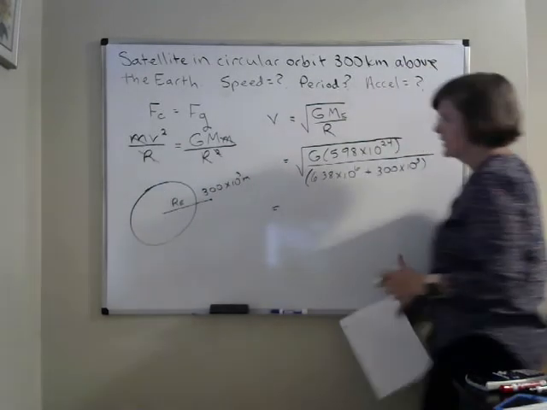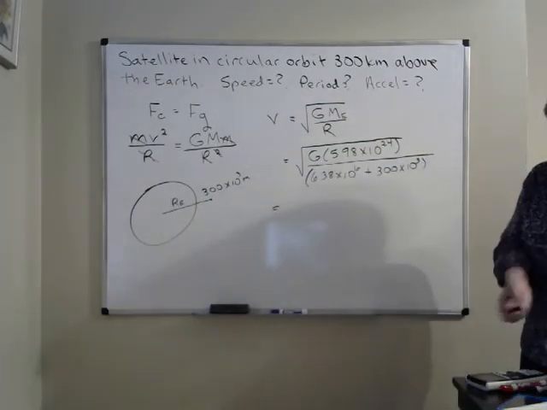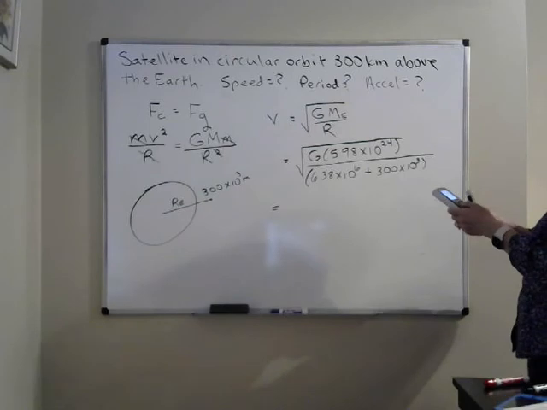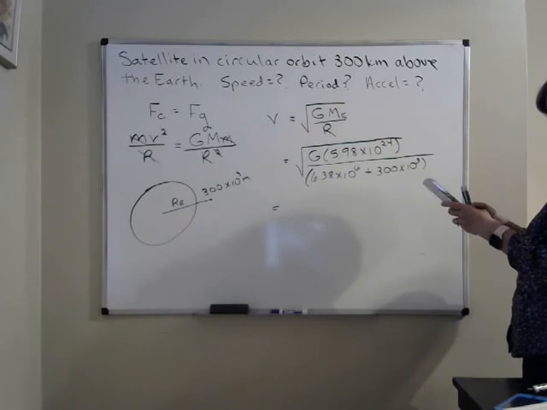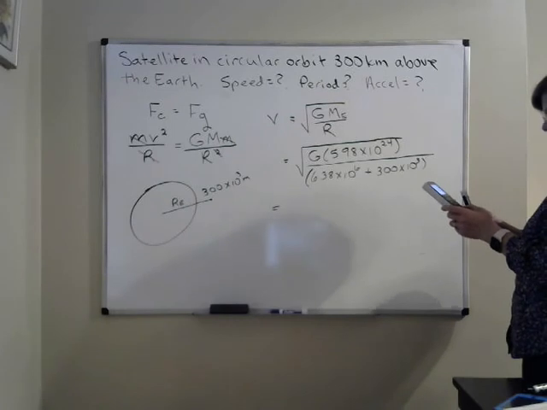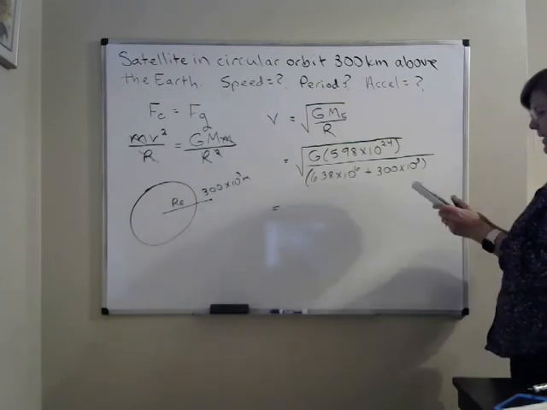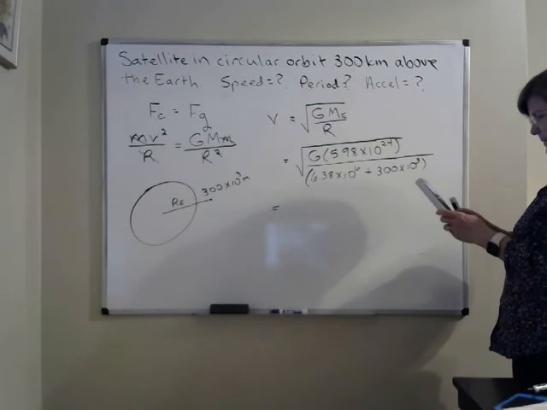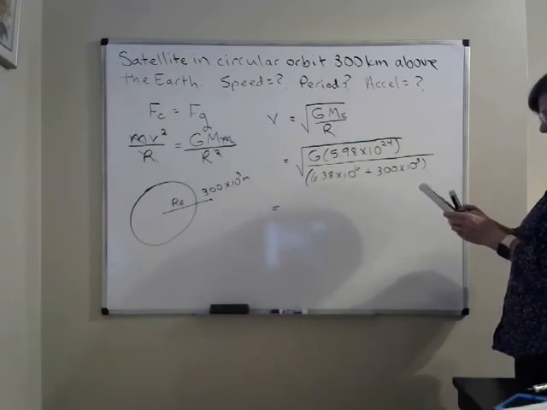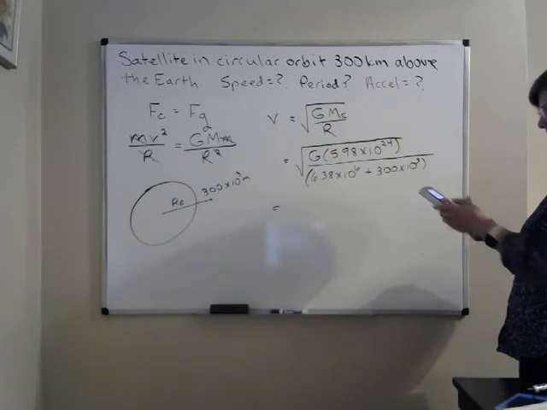Now it's just a really careful calculator punch. Let's see. G times the mass of the Earth, 5.98 times 10 to the 24th, divided by, and then I have this value for r, I have to add those two together, 6.38 times 10 to the 6th, plus 300 times 10 to the 3rd, and then I have to take a square root of all of that.